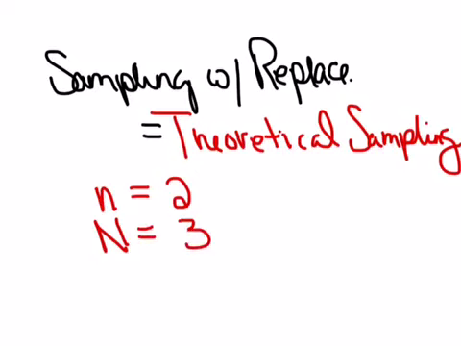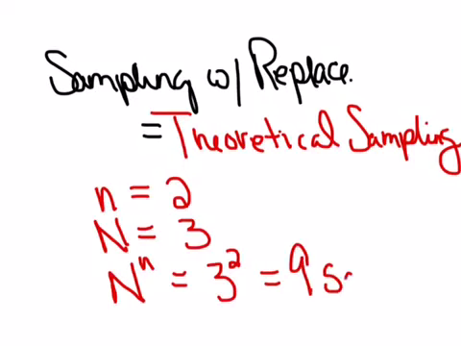To obtain the number of samples of 2, we use N to the lower n, so it would be 3 to the second power. We would need 9 samples using theoretical sampling. It's as simple as that: theoretical sampling uses sampling with replacement.